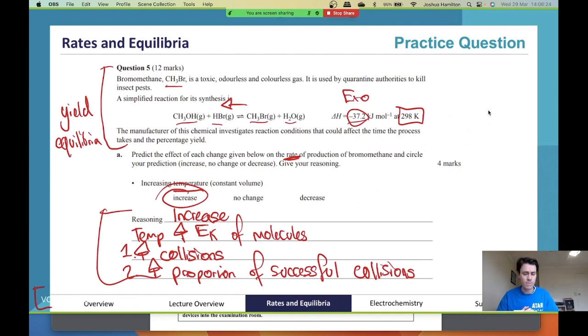So this is a 4-mark question, which I think is a little bit absurd. I would really only warrant this a 3-mark question. There is 1 mark for stating the information about kinetic energy, and then there is 1 mark for giving these 2.